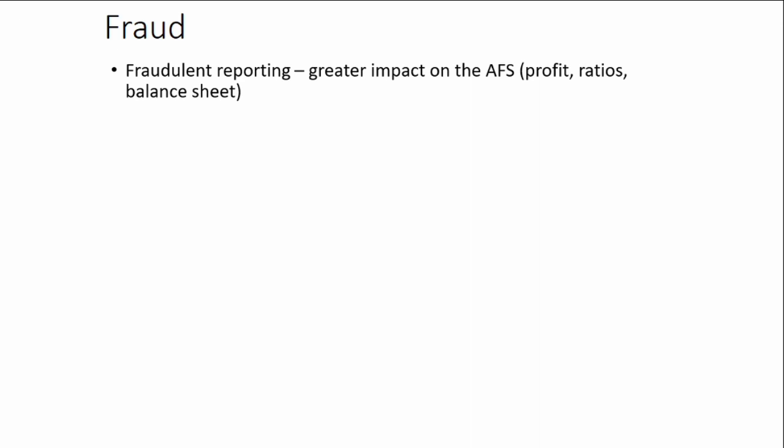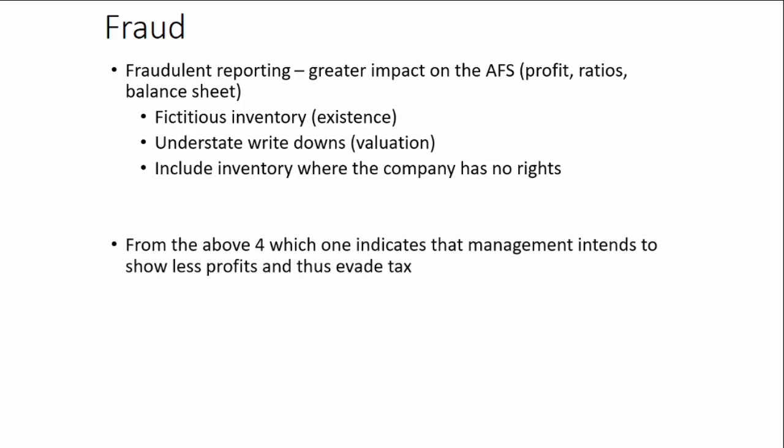So as the auditor, we are looking out for these two types of fraud, and we want to look for things like fictitious inventory that doesn't exist. Then we've got understatement of write-down, so we're looking at valuation there.